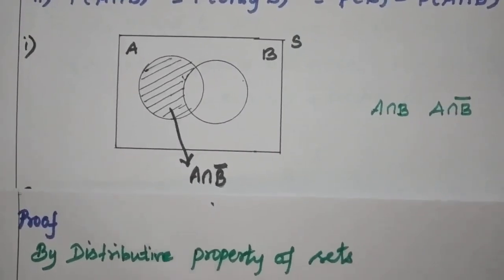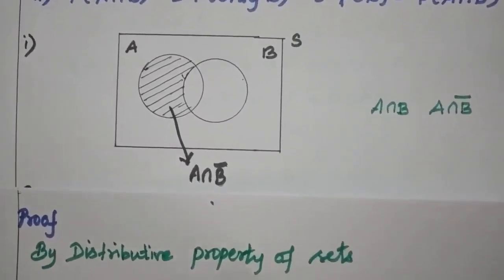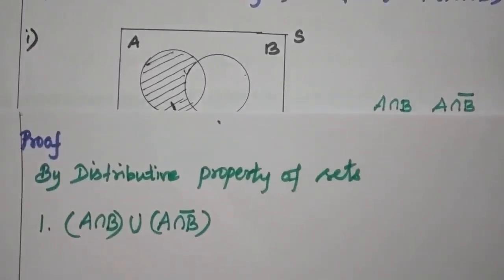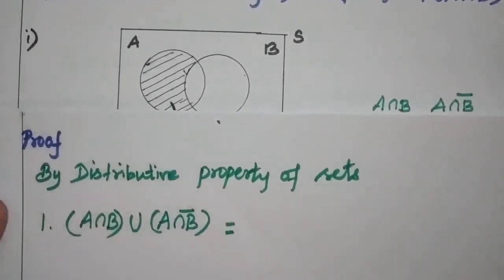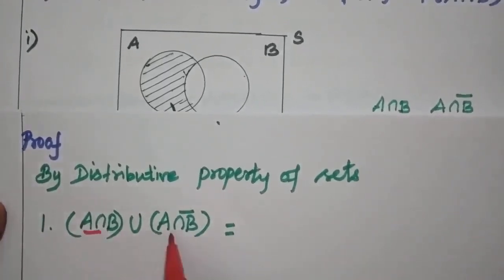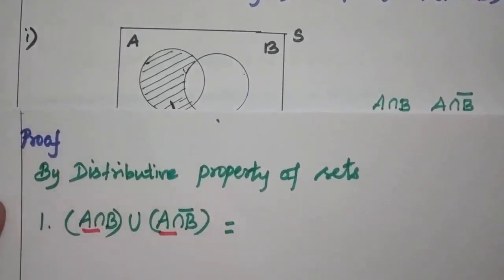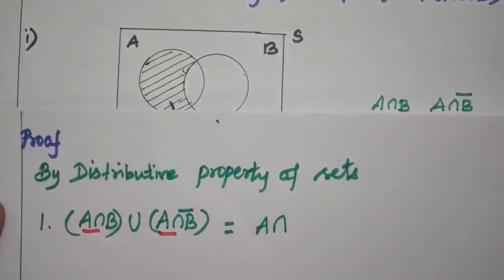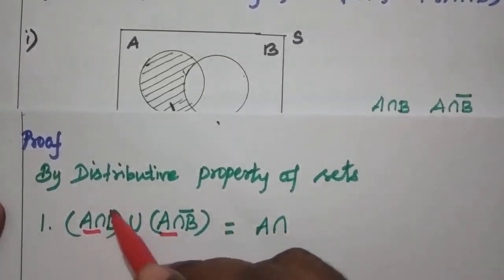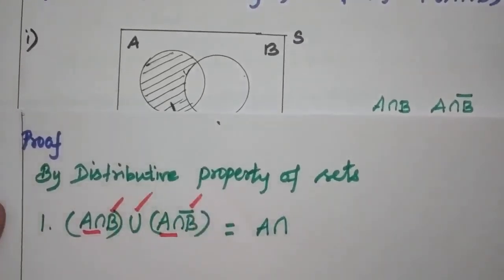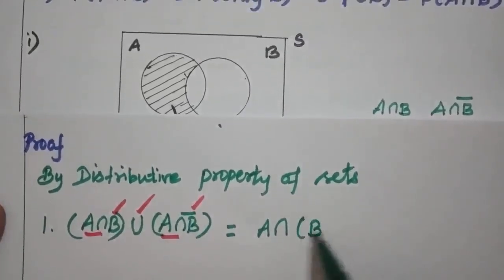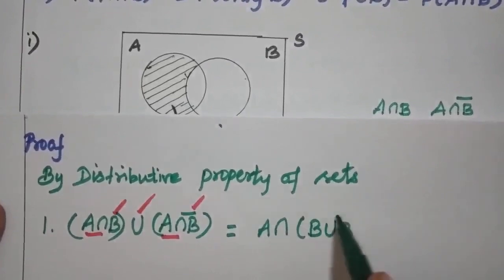Now we are going to take the union of these two events, which is equal to A intersection, since A is common between these two. So we can write A intersection, and the remaining are B union B dash, inside the bracket.